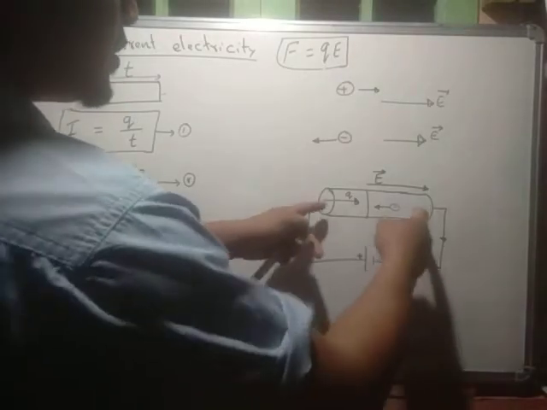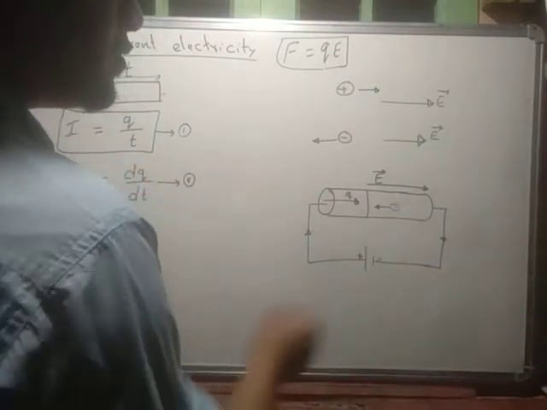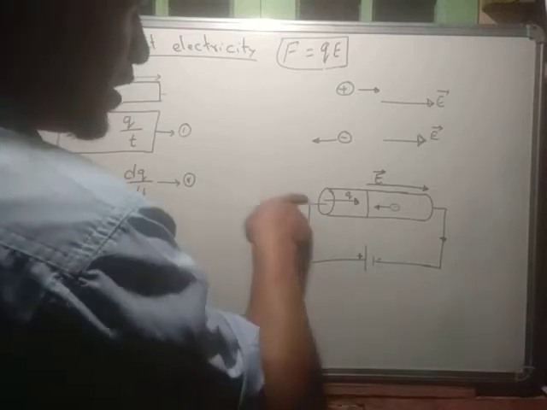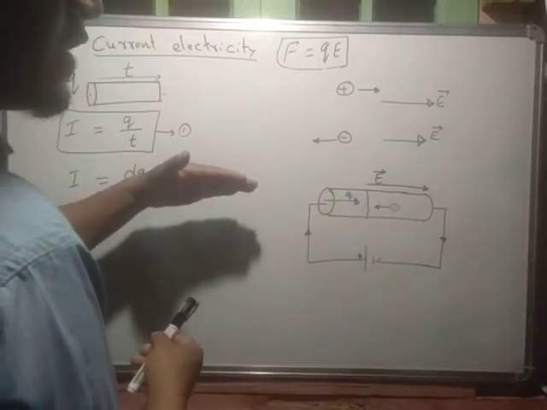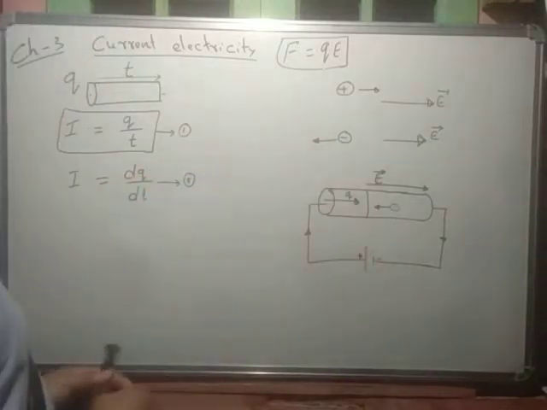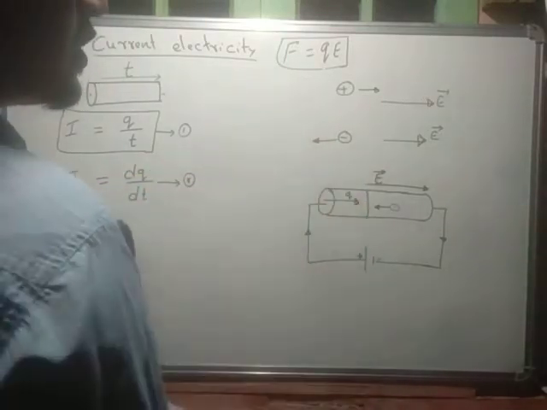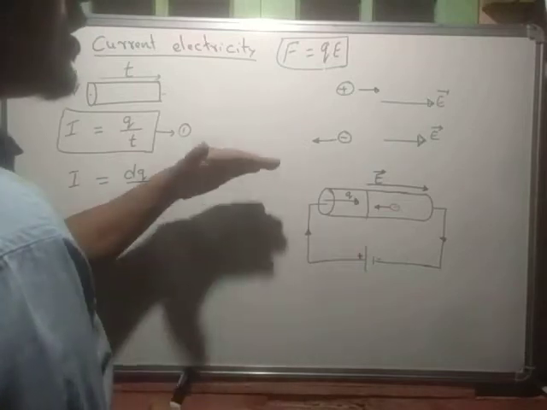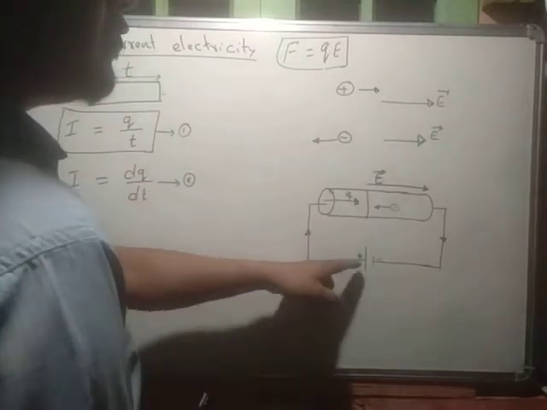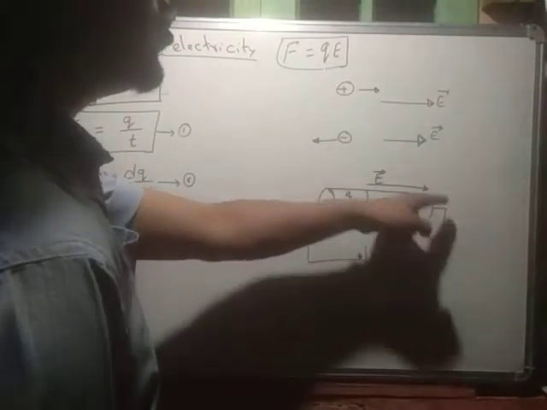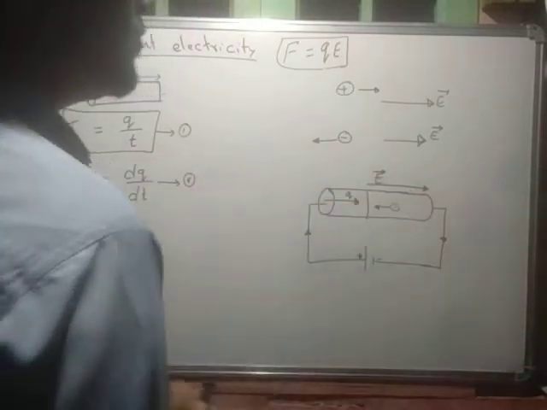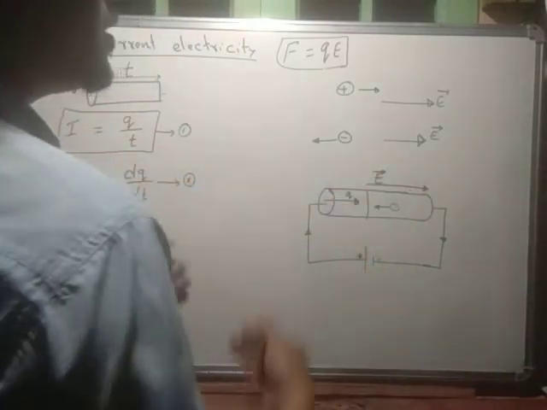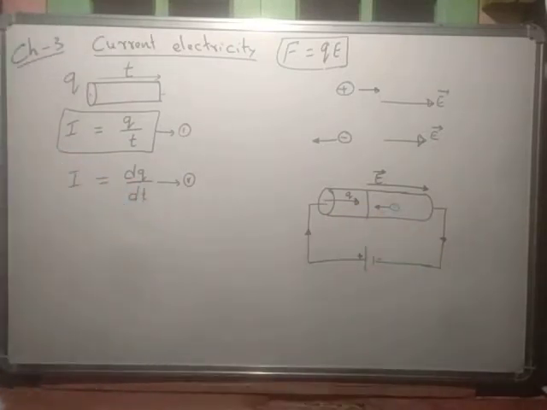Because the two ends are connected to the cell, the conductor is now under the action of an electric field, acting from left to right, from the positive terminal towards the negative terminal.